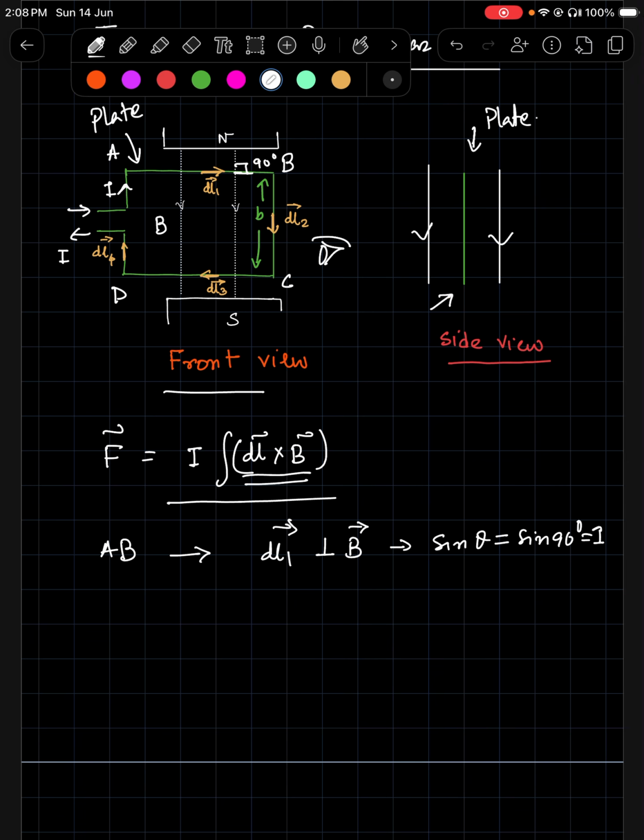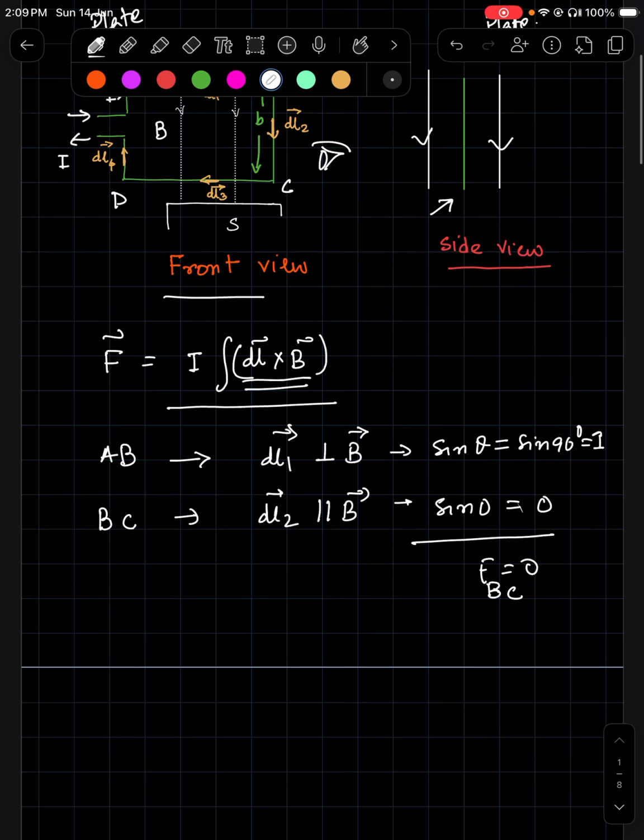That means this cross product is a non-zero quantity. Second, in BC, the dl2 is parallel to the magnetic field. The angle between them is 0 and sine 0 is 0. That means the cross product will give you 0 here. So there is no force on BC. So F equals 0.